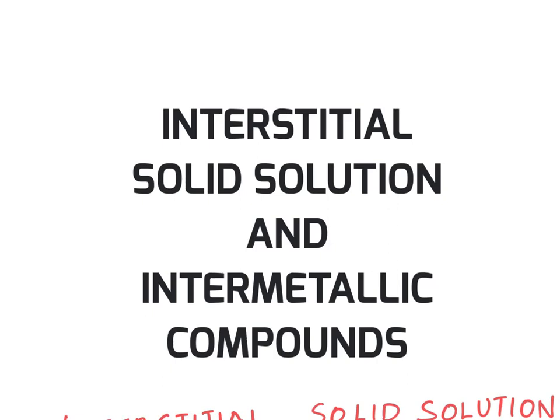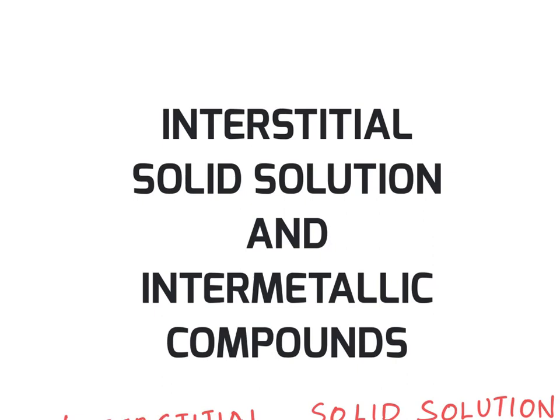So that's a solid solution. The other category is intermetallic compounds that we will talk about in a minute. The solid solution category can be further classified into interstitial and substitutional. We already talked about substitutional solid solutions, where brass was an example. Now we will have a look at interstitial solid solution.